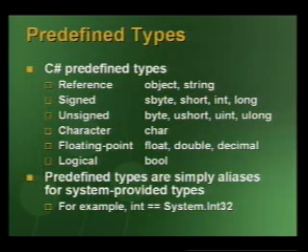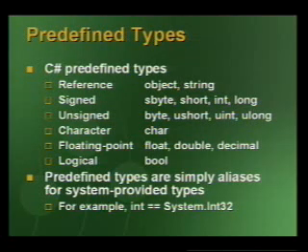The compiler comes with a set of predefined types. I'm just going to go over them here briefly. In the reference type category, we have the keyword object, which is sort of the root of everything, and we have string, which represents a string. We support signed and unsigned integral types in 8, 16, 32, and 64-bit sizes.